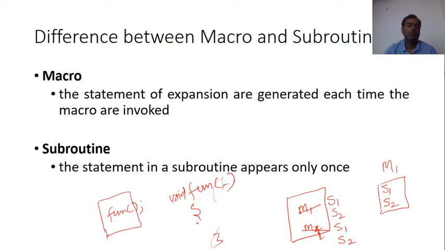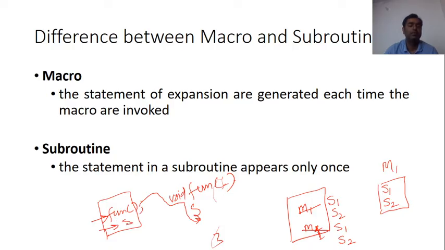Now, when the control comes to this call of the function, the control goes to the definition of the function, it executes the definition, and then control returns to the next statement after this calling statement.